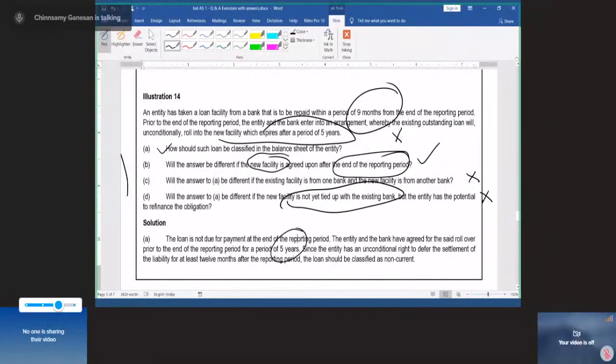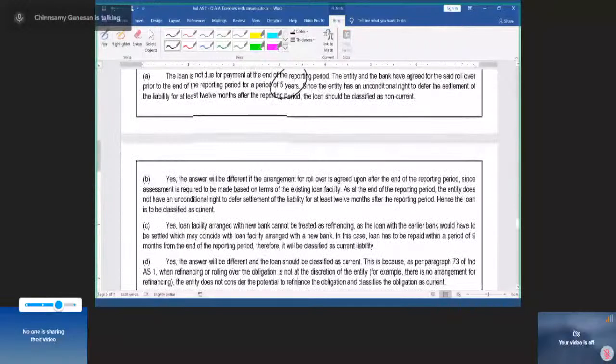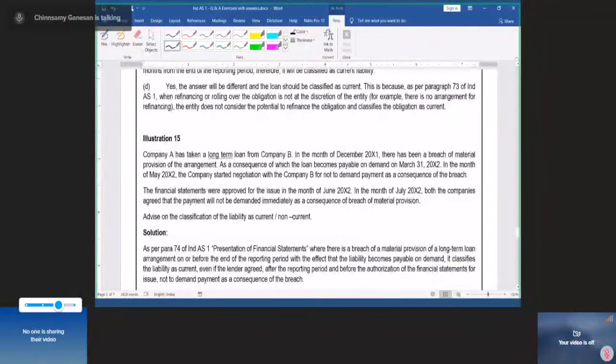Now coming to the next question, there is a breach of a material condition. As a consequence of that, in the month of May 2002, the company started negotiating with the bank not to demand payment.